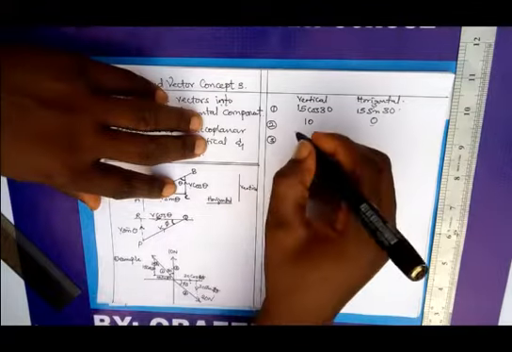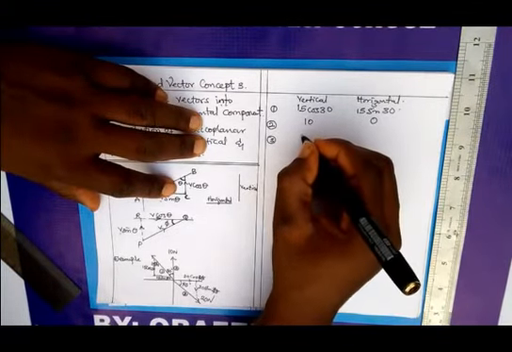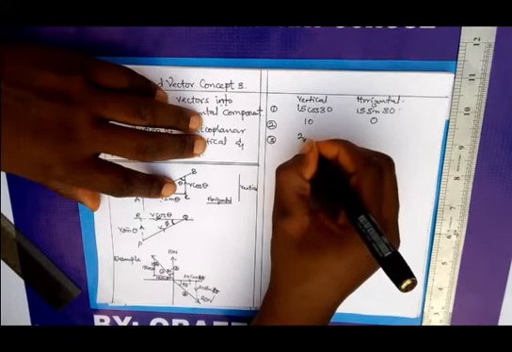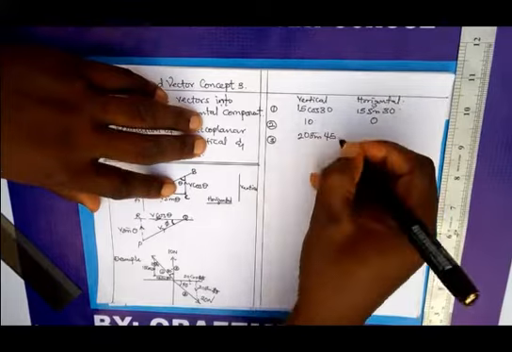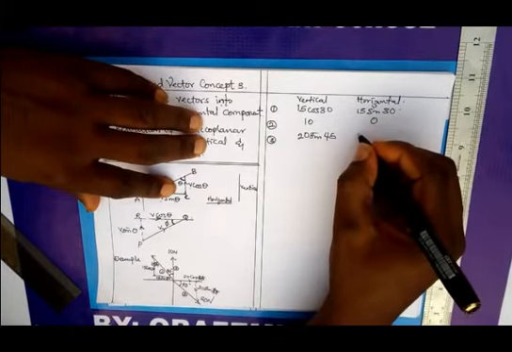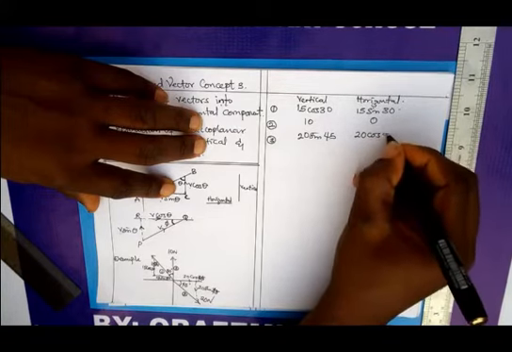So horizontal component is 20 sine 45, while vertical component will be 20 cos 45.